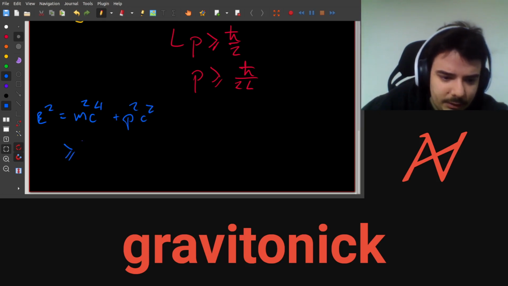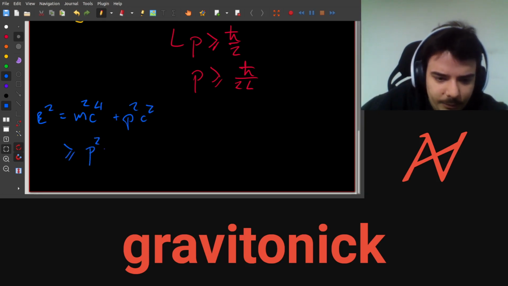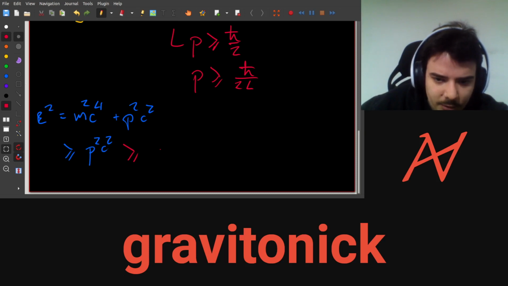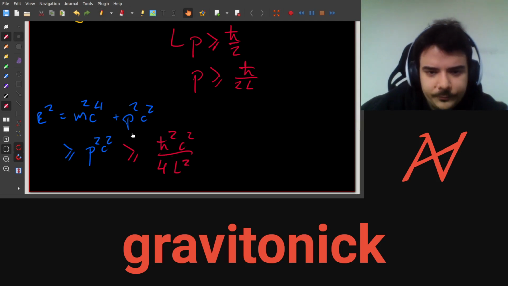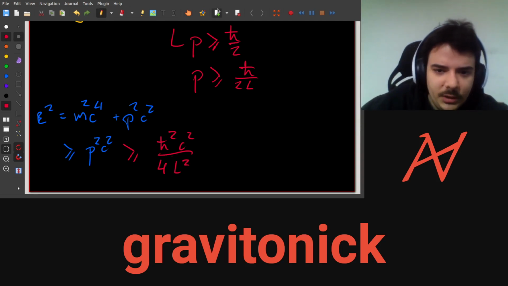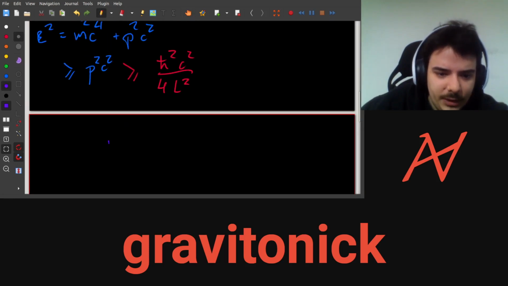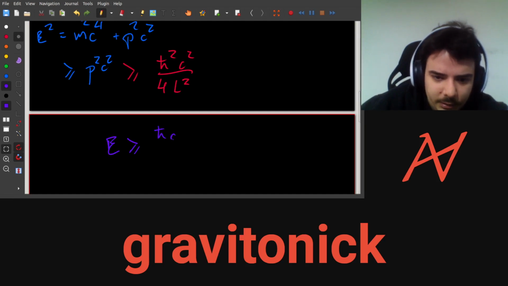Hence, it is greater than or equal to p squared c squared, and therefore quantum mechanics tells us that this is greater than or equal to h bar squared c squared over 4L squared. Now we have this equation that represents both quantum mechanics and special relativity together. We have that E is always greater than or equal to h bar c over 2L.